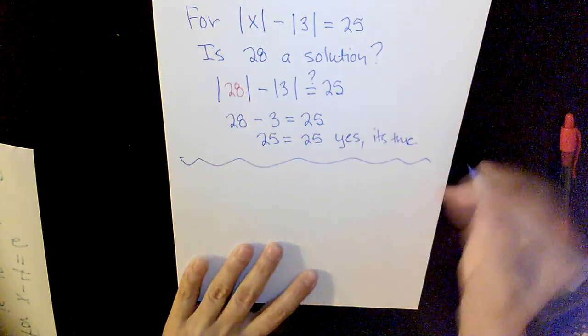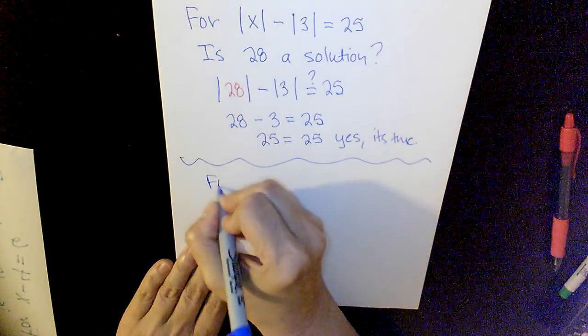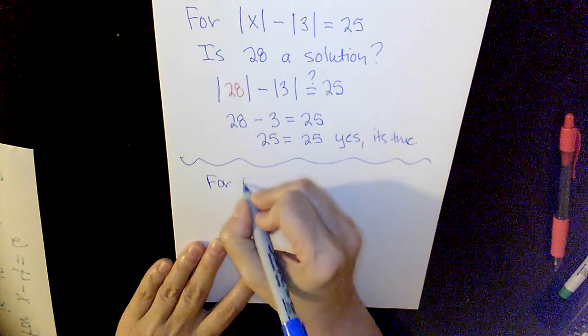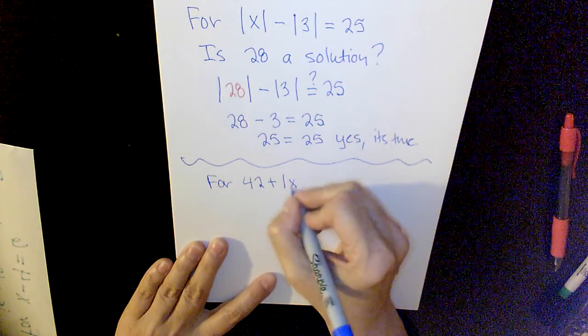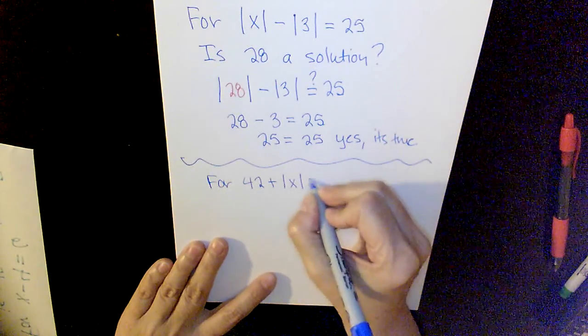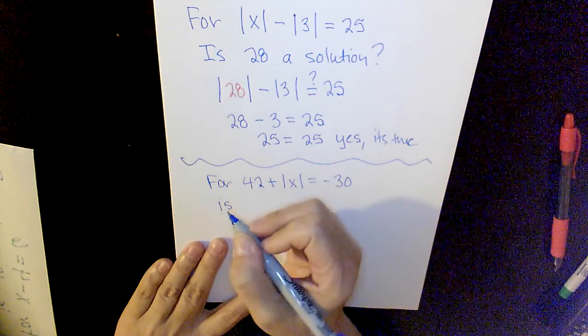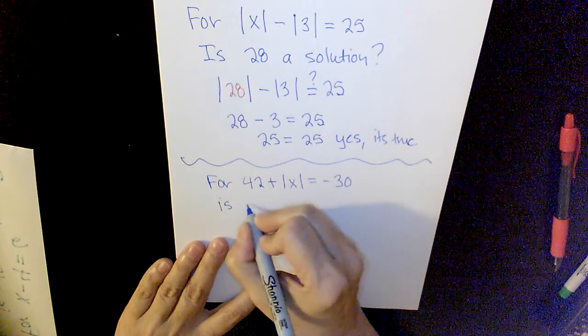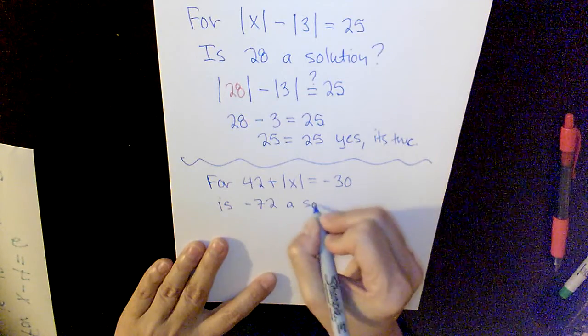Okay, let's look at one more of those. Here's an equation: 42 plus the absolute value of x equals negative 30. Is negative 72 a solution?